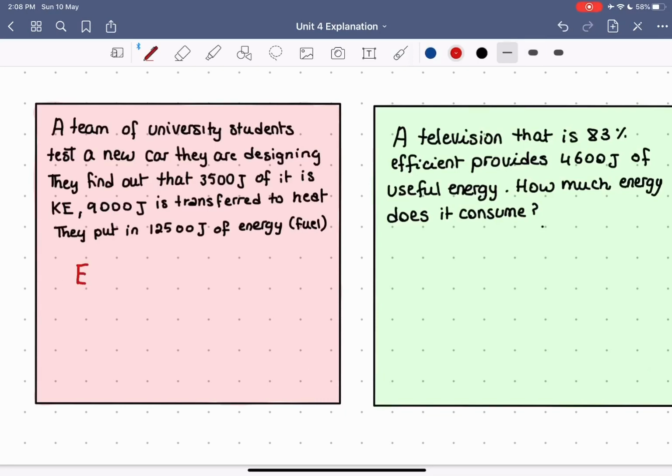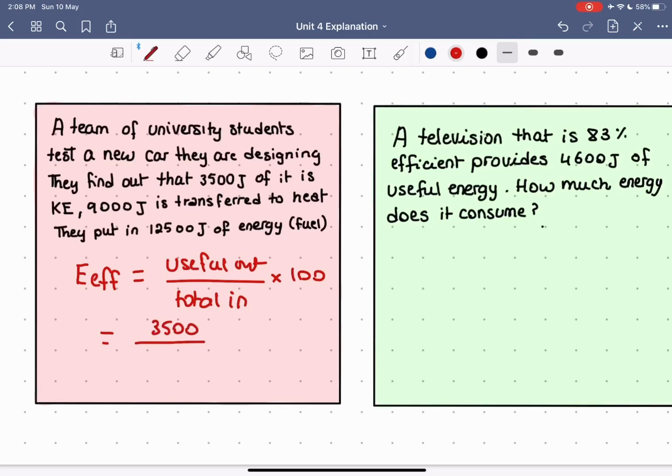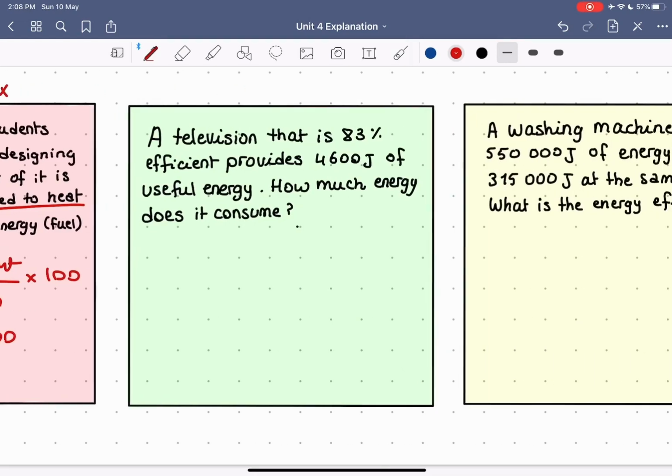So the energy efficiency is the useful energy out over the total energy input in times 100. So the useful energy is the kinetic, as this is why they're designing the car, to move. We don't need it actually to give us any heat energy. So the total energy is 12,500, times 100. So that will give us a 28% efficiency of their car. So their design isn't actually good enough.